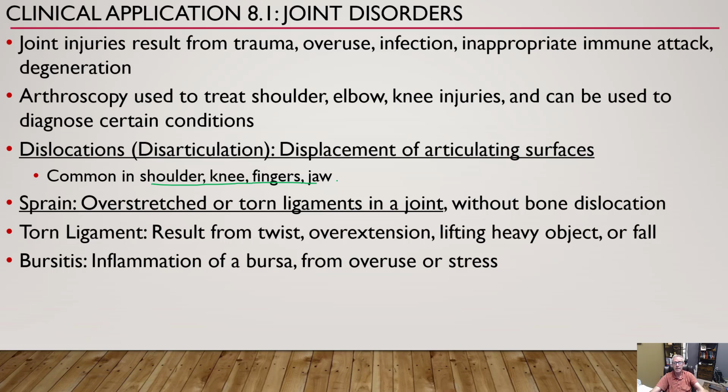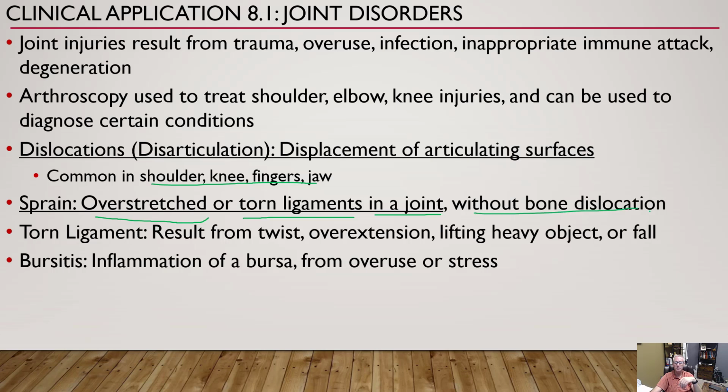A sprain is seen typically when you overstretch or hyperextend that joint. And sometimes you can see a torn ligament. Or you can tear a ligament with a sprain, but you don't always have to.